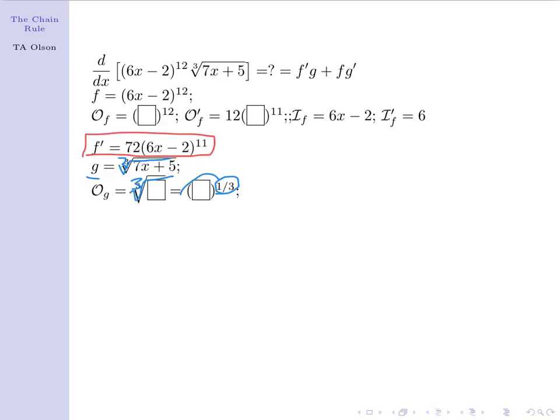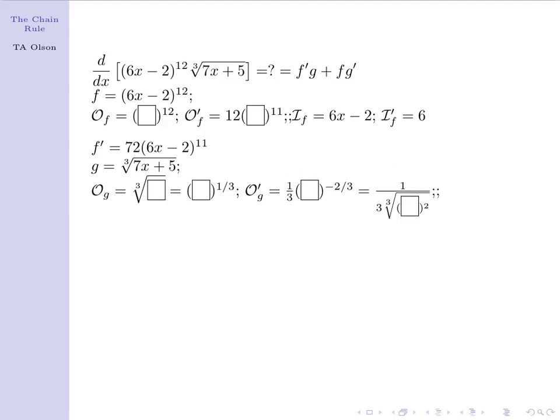So we'll bring down the 1/3 and subtract 1 to get O prime. So O prime of g is going to be 1/3 times the inside bit. 1/3 minus 1 is going to be negative 2/3. All right, so written a little more nicely, O prime is 1/3 blah to the negative 2/3.